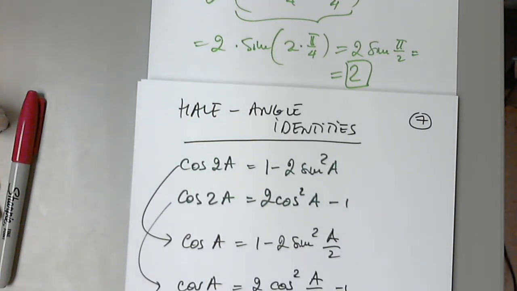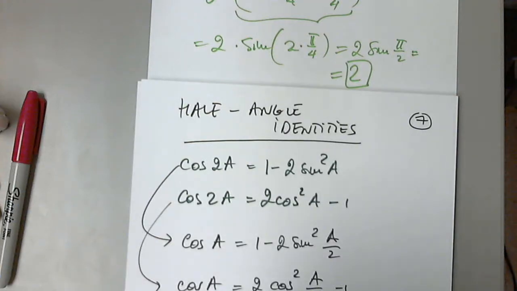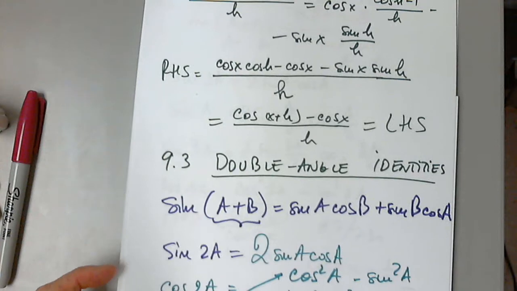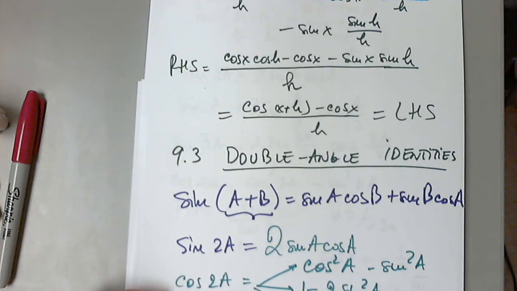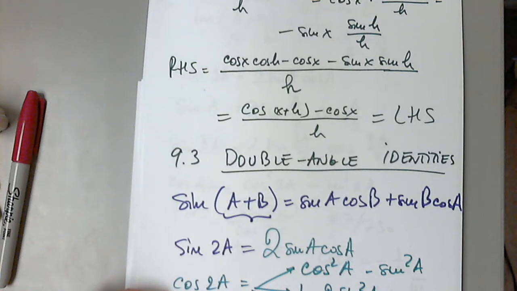Why these? Do you have 3 possibilities for that one? Because we have cosine squared minus sine squared. The first one. This is what we did last time. Cosine twice A is cosine squared minus sine squared. If you replace in cosine A plus A, you get this.